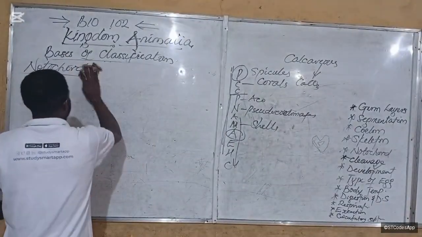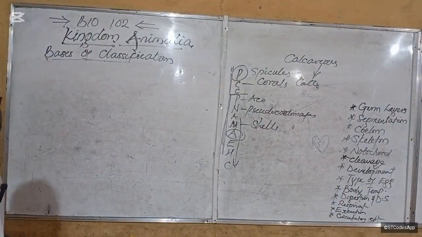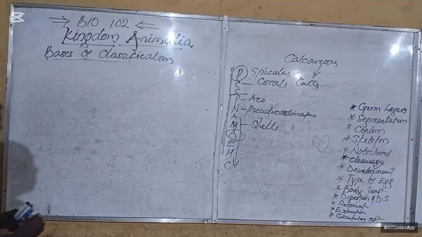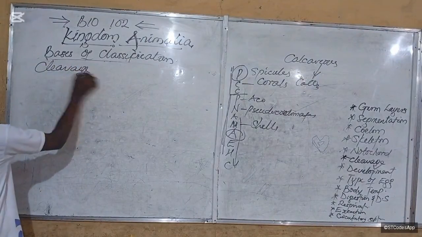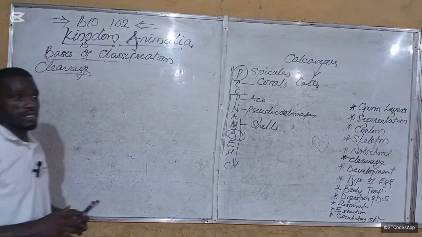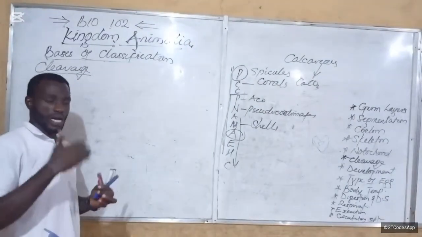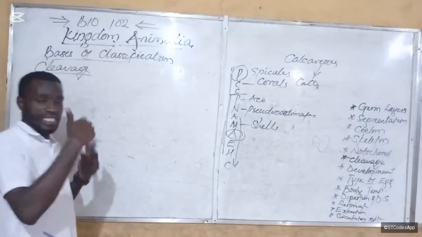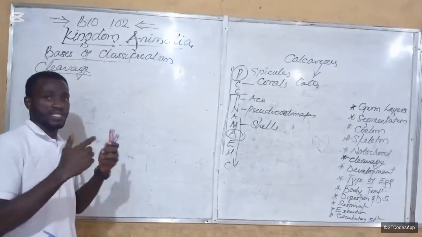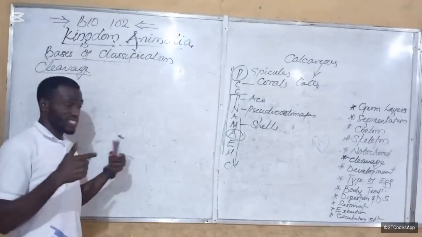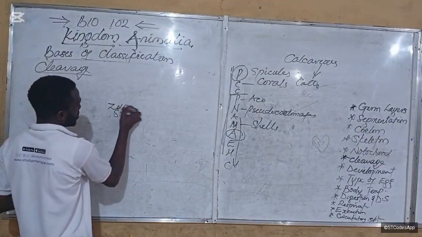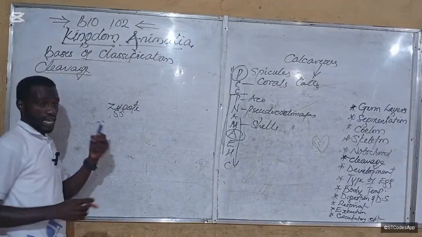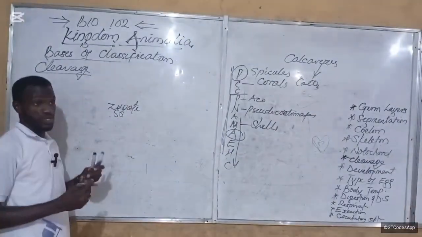the type of cleavage that organisms undergo. Cleavage simply means the continuous mitotic division that takes place immediately after there is fertilization. When fertilization occurs, then the zygote is formed. The zygote is a single cell, right?